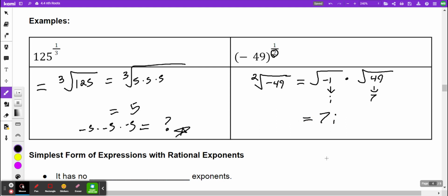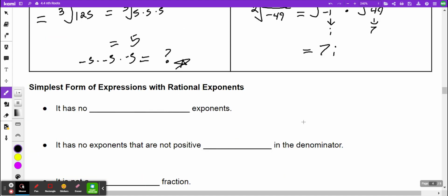There we go. So as we're diving into this, we have to understand the simplest form of expressions with rational exponents. It has no negative exponents. So no negative exponents. That would be like x to the negative fourth.